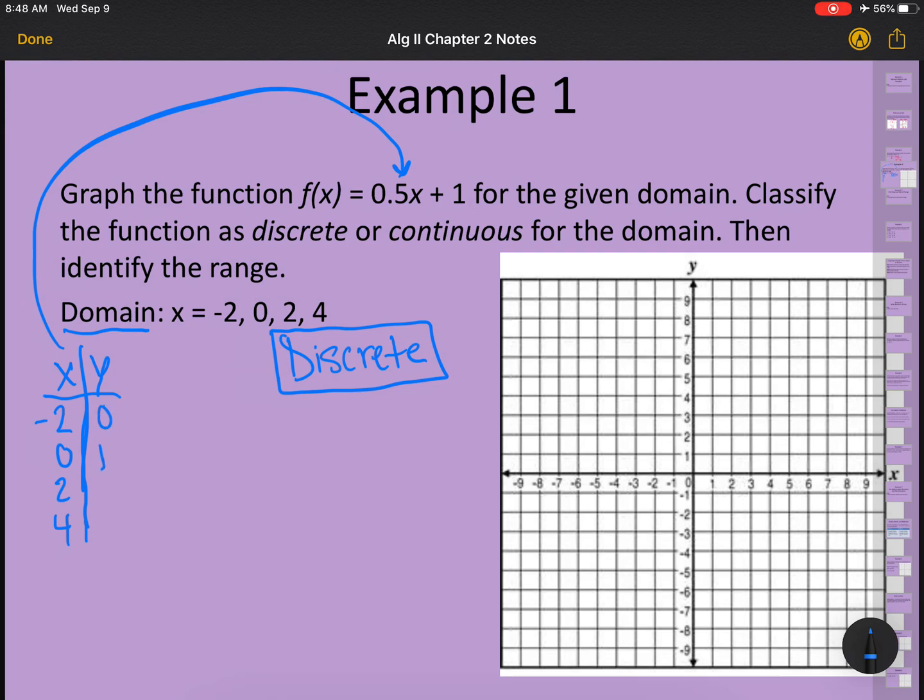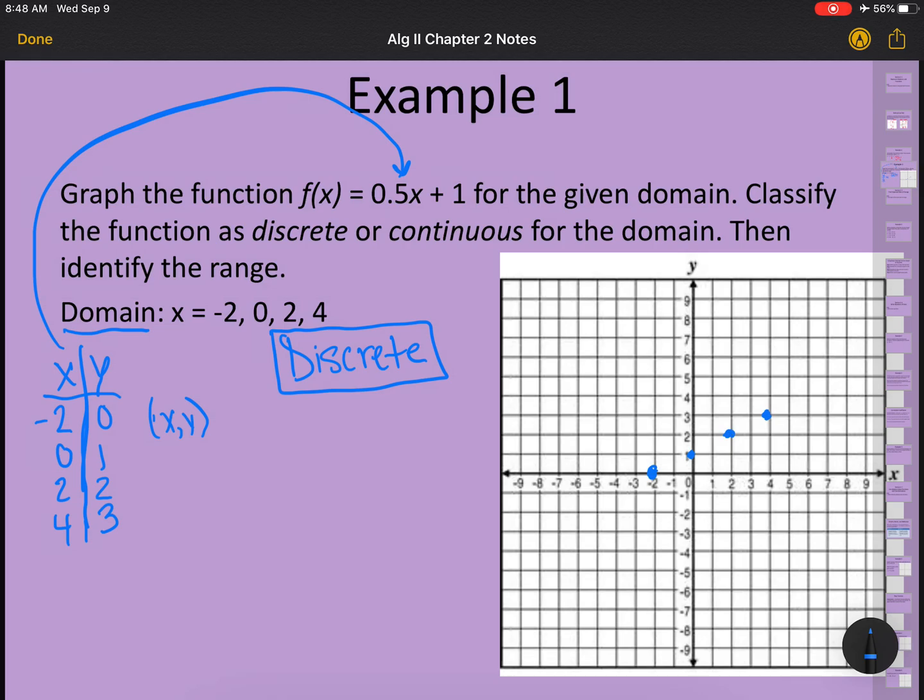If I plug 2 in, I get back 2. And if I plug 4 in, I get back 3. So these are points I can graph: negative 2, 0; 0, 1; 2, 2; and 4, 3. Here are our points graphed.